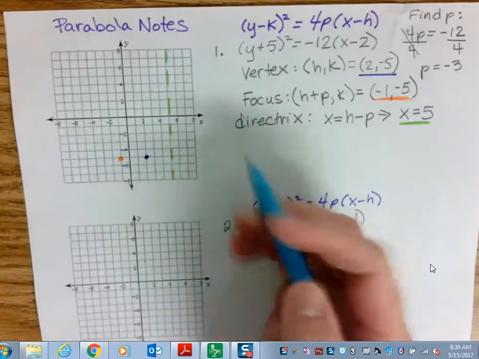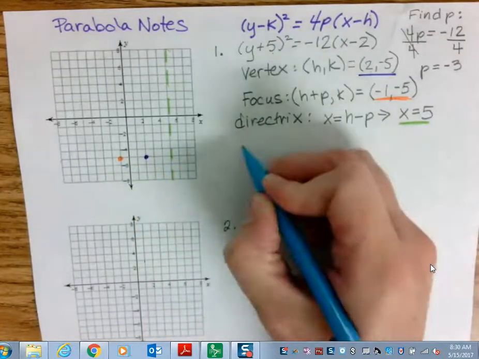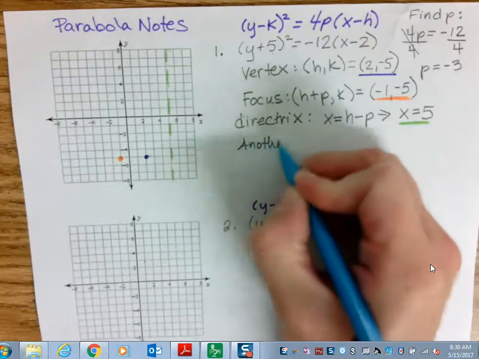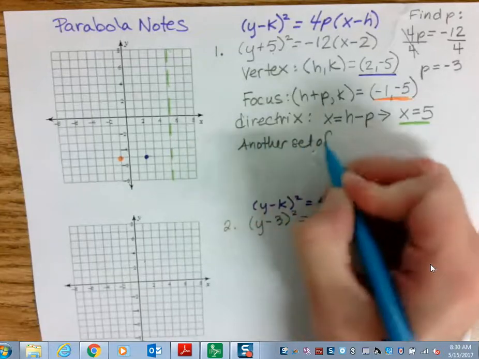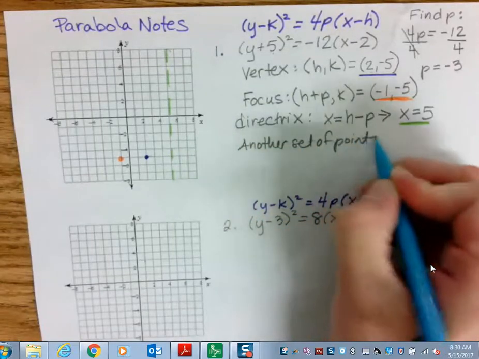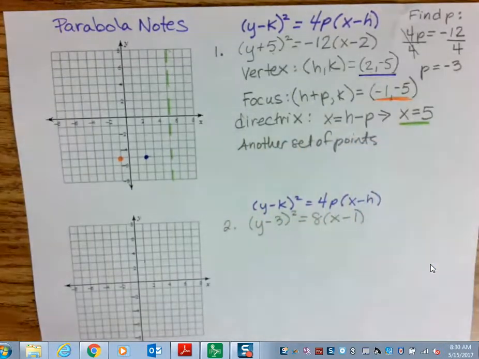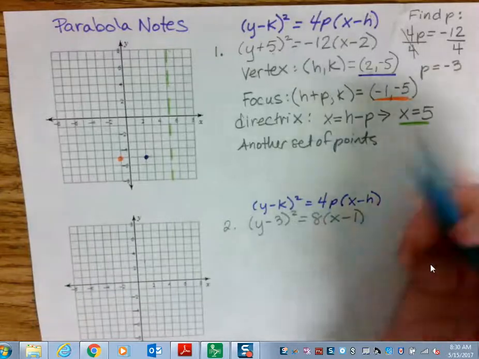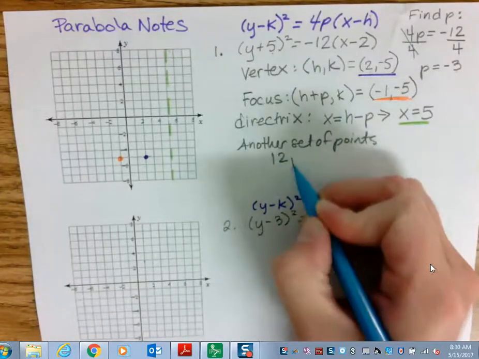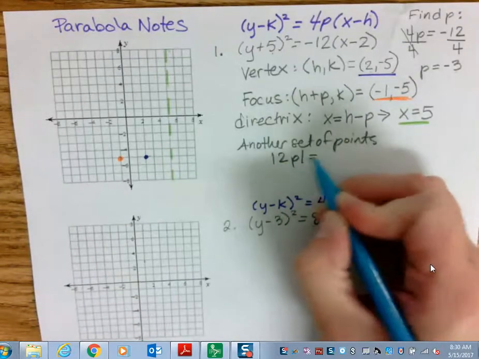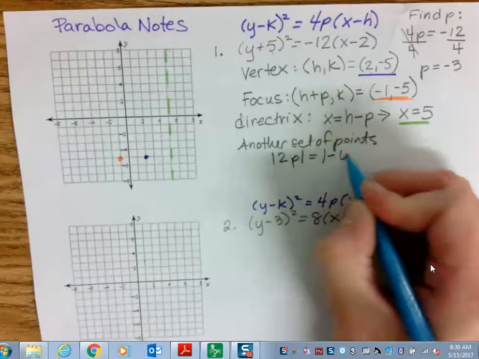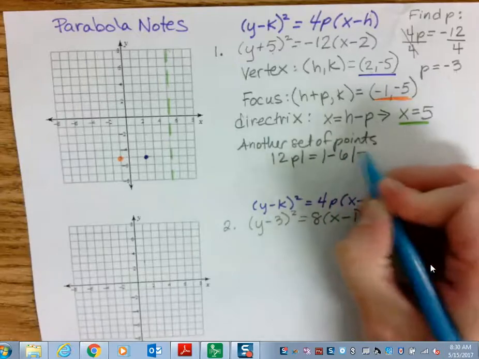To get another set of points, I'm going to write this down. You want to find the absolute value of p and double it. So that's going to be absolute value of negative 6, which is 6.